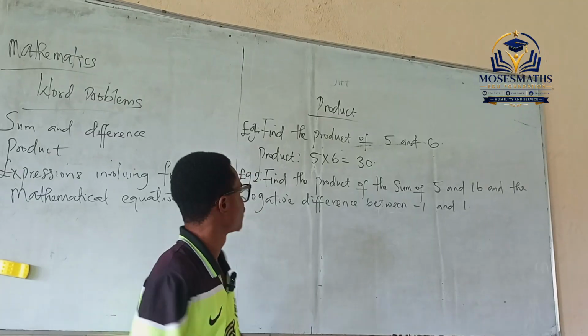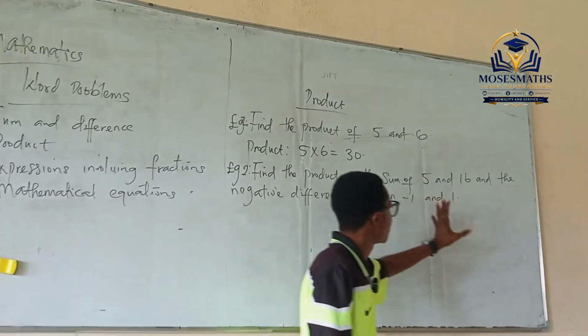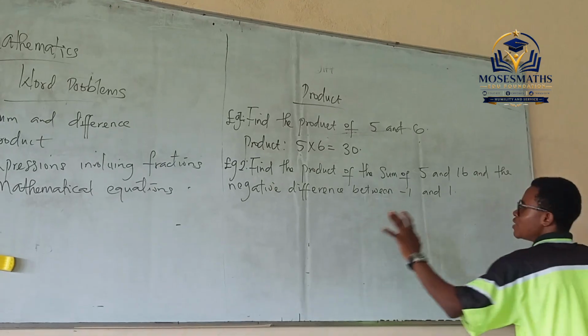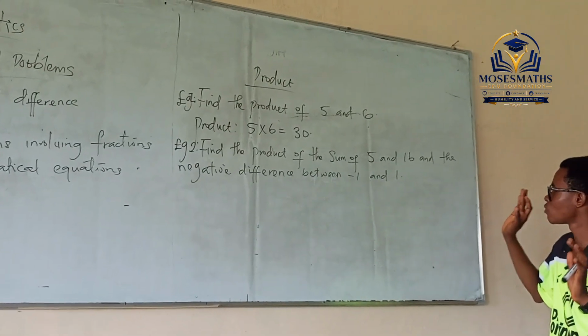Now look at this question. Find the product of the sum of 5 and 16 and the negative difference between -1 and 1.